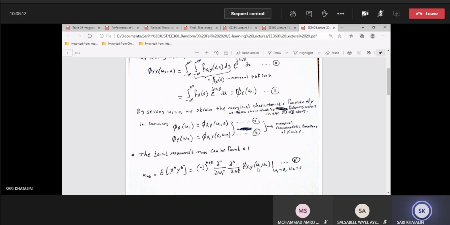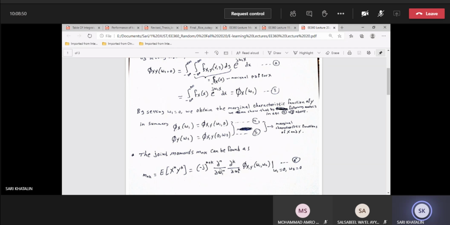So if you have a joint characteristic function, and you want to find the joint moments by using this characteristic function, you take the first derivative with respect to omega 1, and then you take the second one with respect to omega 2. Okay, so if you have n equal to 1 and k equal to 1, then obviously this one is going to be minus j to the power 2, which is going to be minus 1.